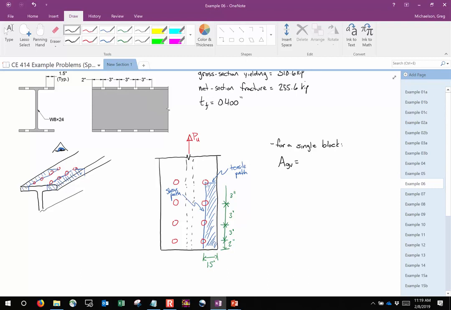Say it again. Exactly right. It's however long this is times however thick it is in and out of the screen, right? Because if we look over here at my little three-dimensional drawing, we're talking about that area right there. Does that kind of make sense?